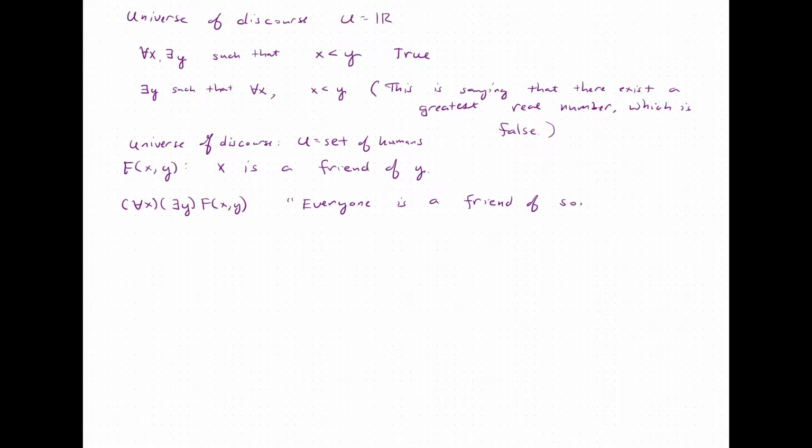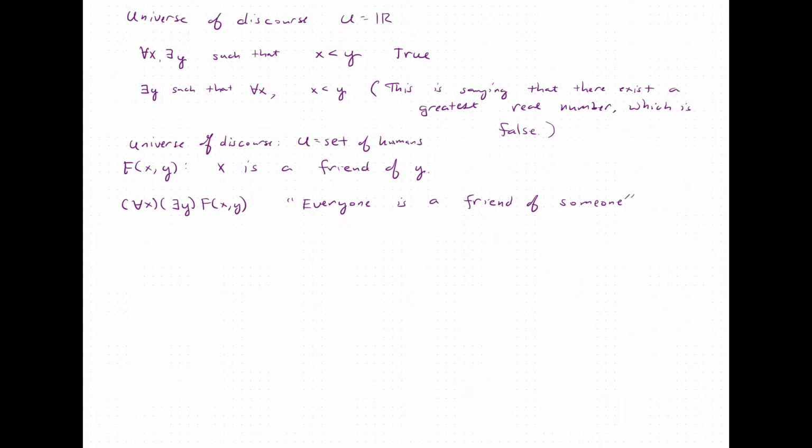So that's one way of interpreting this in English, that every person has a friend, and so everyone is a friend of someone. But if we reverse the quantifiers, we get something completely different. In the same way that reversing it for the inequality x less than y, we got that there is a greatest real number.